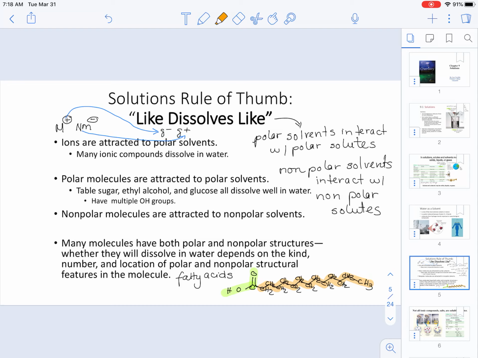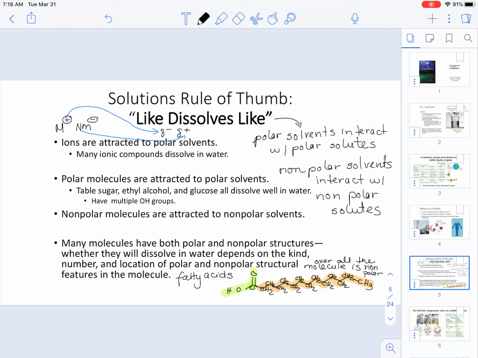So for example, in this one, even though there is a polar character, overall, the molecule is non-polar because, as you can see, there's a larger component of the non-polar character. So that means that a molecule like this will be able to combine with a non-polar solvent.